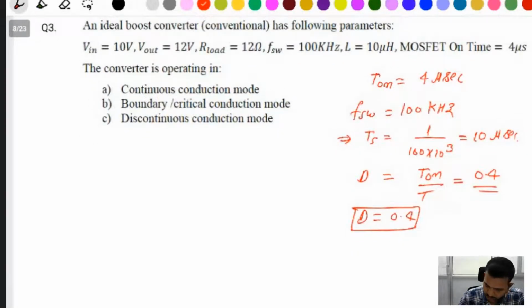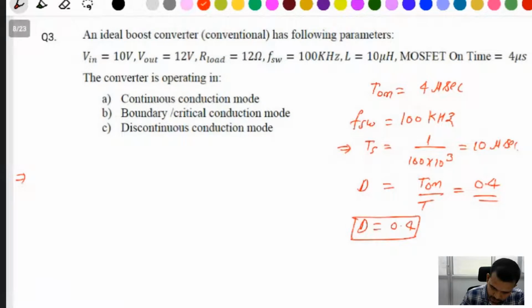Does it operate in continuous, boundary condition or discontinuous condition? What happened?